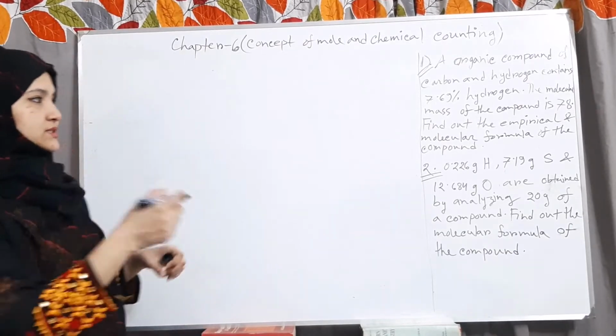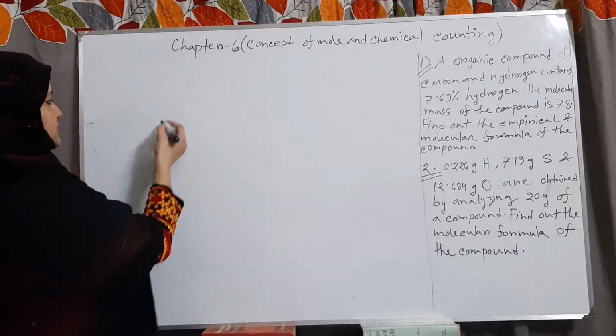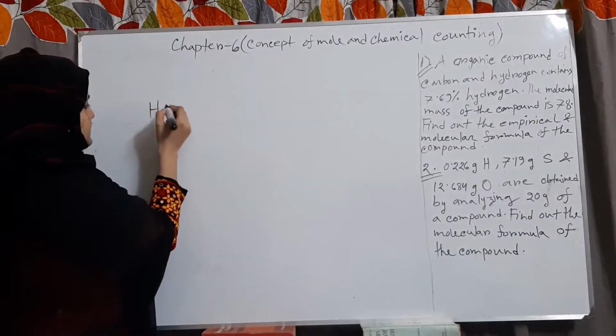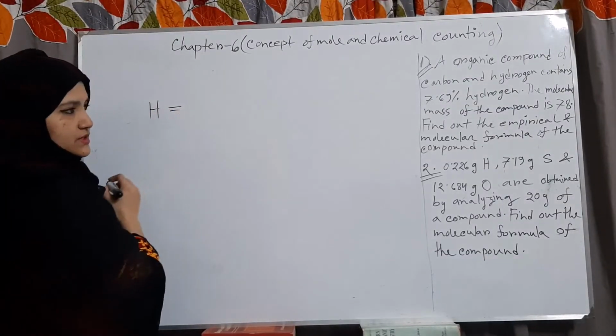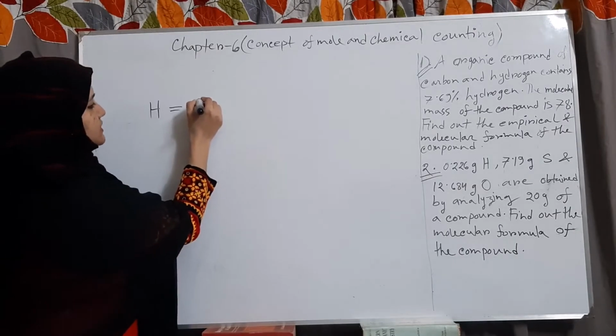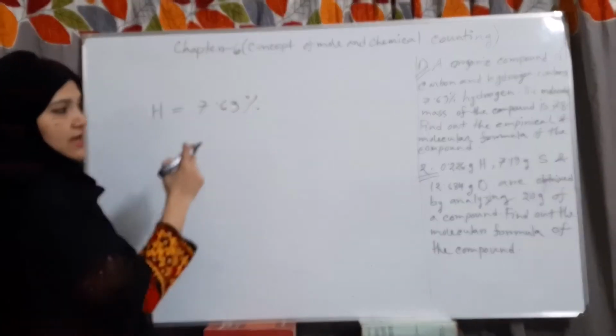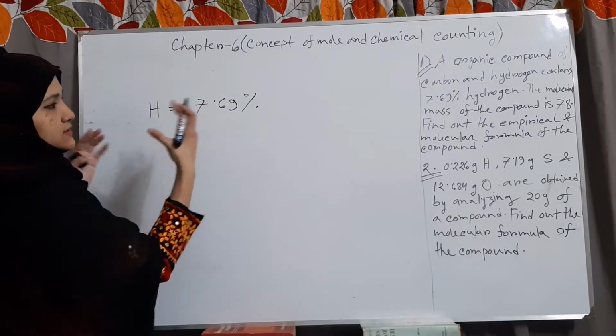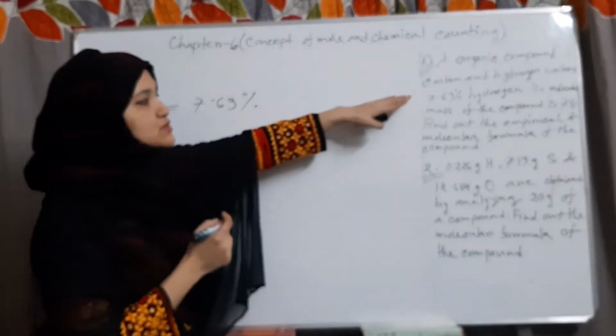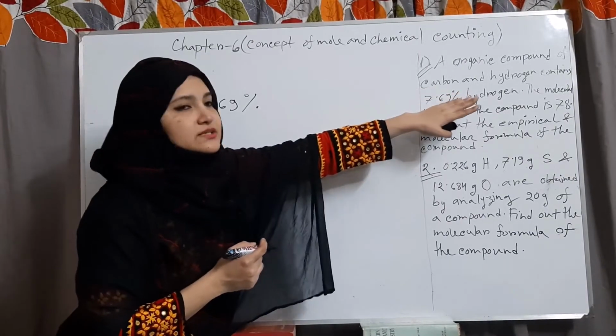Let's start. At first we have to write the percent composition. Hydrogen is 7.69%, and this is a compound which has only two elements, carbon and hydrogen.